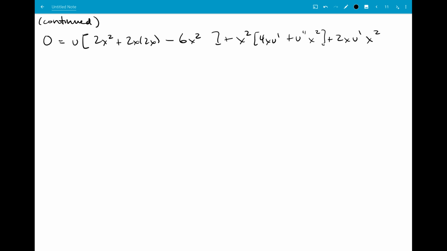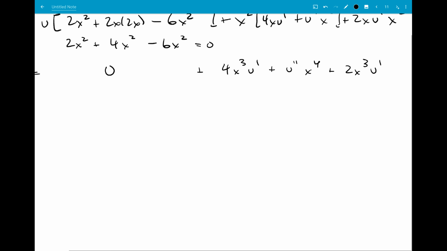If I hadn't spotted that, I could just start working on the algebra and see what happens. So I've got 2x squared plus 4x squared minus 6x squared, which is 0. Either way, that term goes away, whether you recognize it as the solution or not, and you're just left with everything else. So we've got 4x cubed u prime plus u double prime x to the 4th plus 2x cubed u prime.